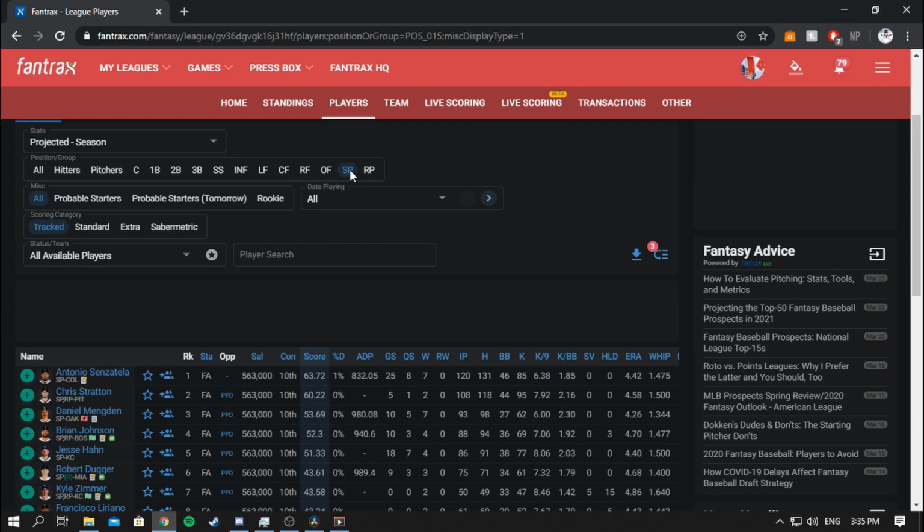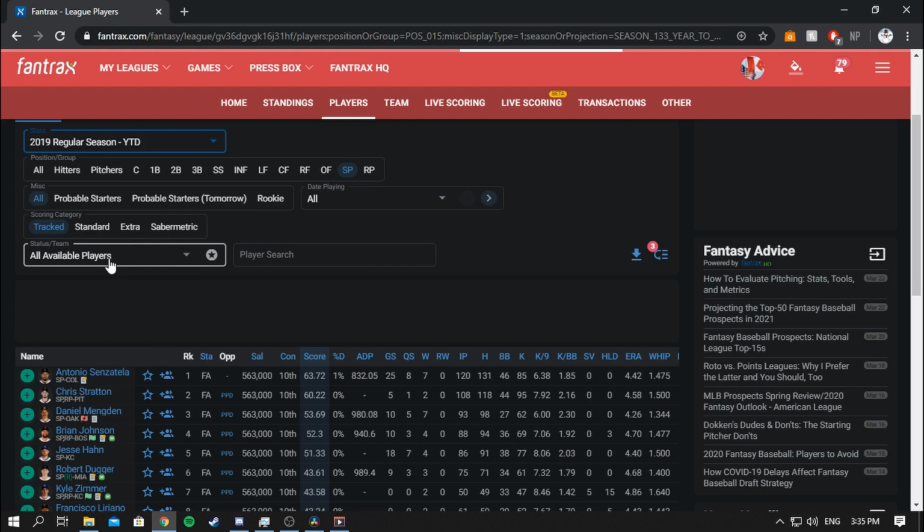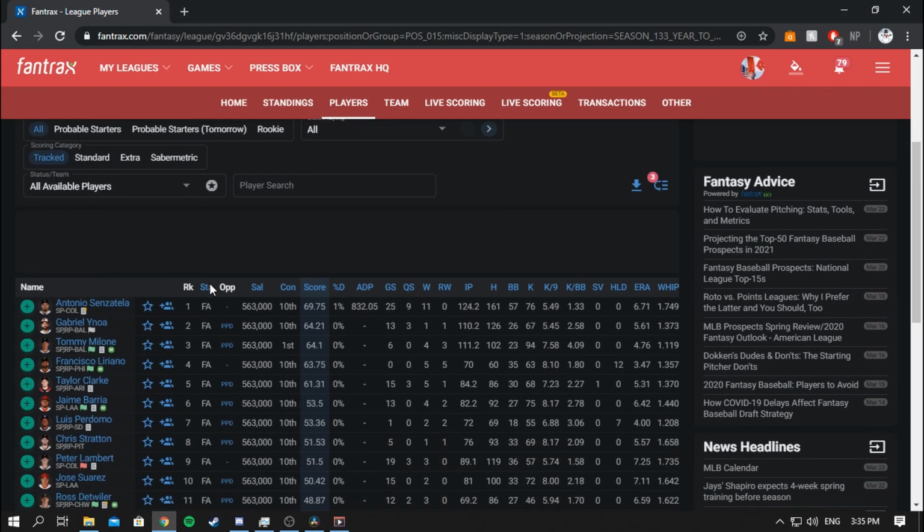I just want to see the starting pitchers. I want to use the stats from last year, so 2019 regular season. Fantrax stats. That was already set.